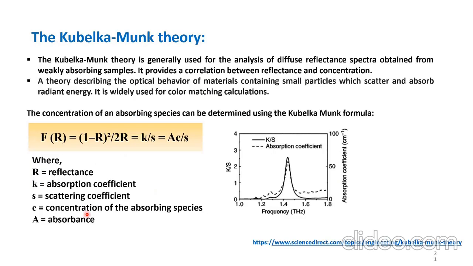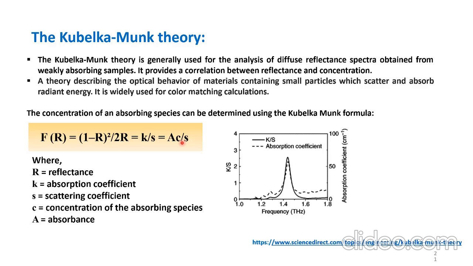Then we have Kubelka-Munk theory. This theory tells about the relation between absorption and reflectance. Here R is the reflectance and A is the absorbance. It gives the relation between reflectance and absorbance.